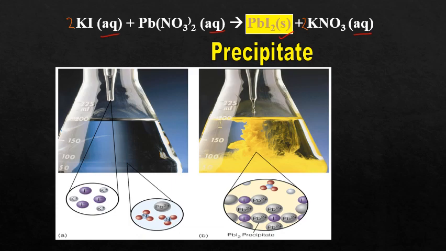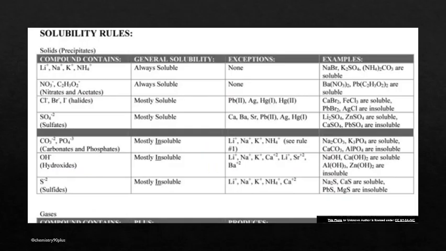For that, we have to know a solubility chart, which is your reference material, and you should know how to read it. So here is an example chart for the solubility rules. You may have a different one in your reference material, but basically, compounds containing lithium ions, sodium ions, potassium ions, and ammonium ions are always soluble.